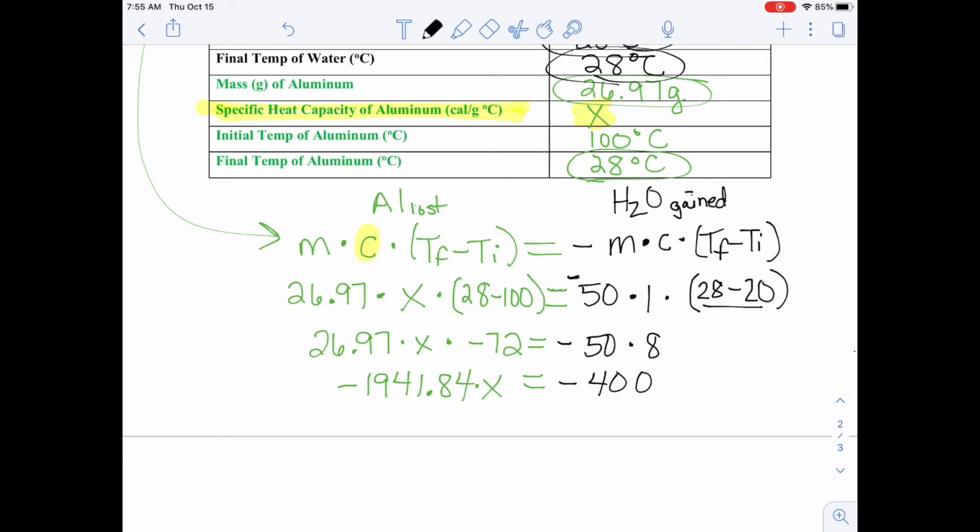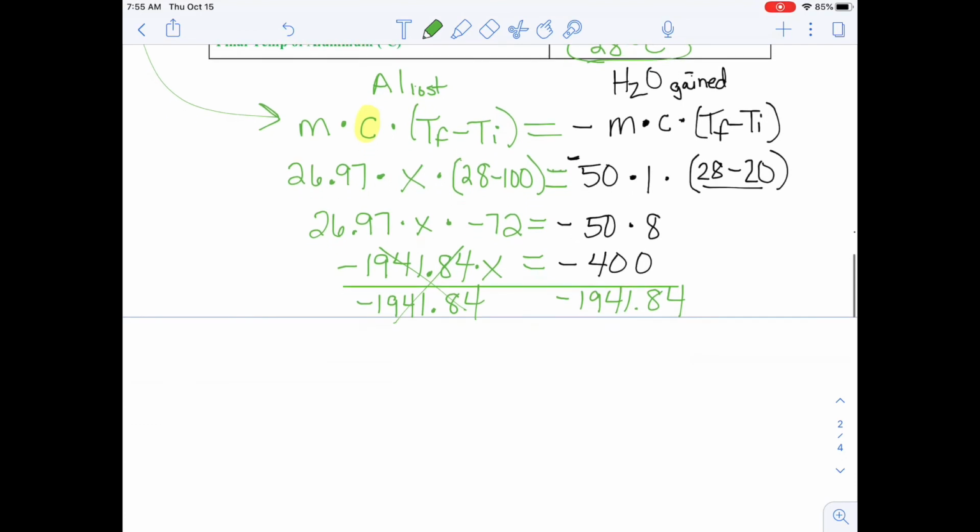So mathematically here, you could see that on the left side, the X right now is being multiplied by negative 1,941.84. The only way to cancel that number is if we were to divide both sides by that number. This number would cancel to 1, or just X. And we have to do the same thing to both sides.